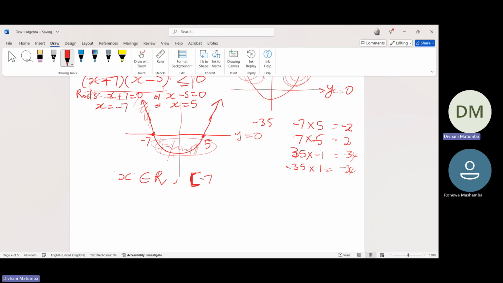Minus 7, 5. Is it inclusive or exclusive? It is inclusive, and it's a corner bracket. Perfect. I think you agree. Yes. All right, that's perfect.